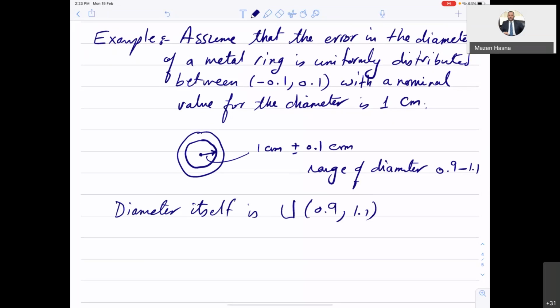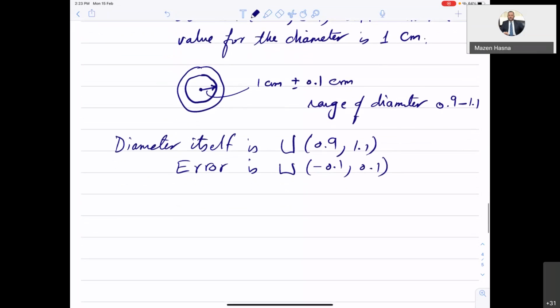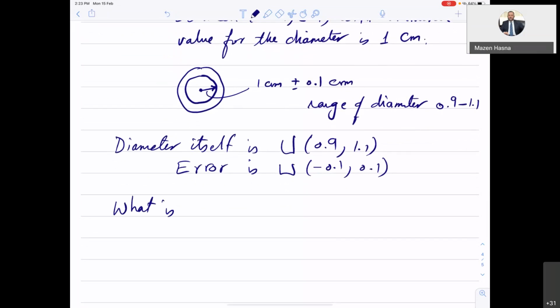The error is uniform between minus 0.1 and 0.1, yes, right? So both are uniform. So what is f of x for the error?